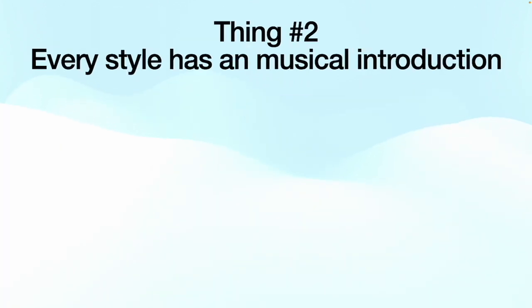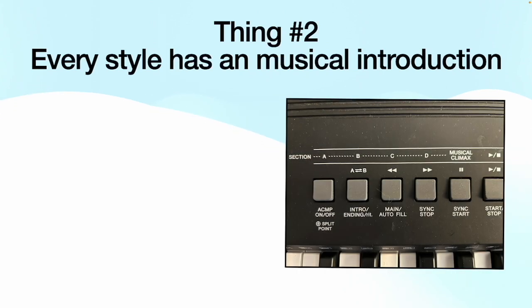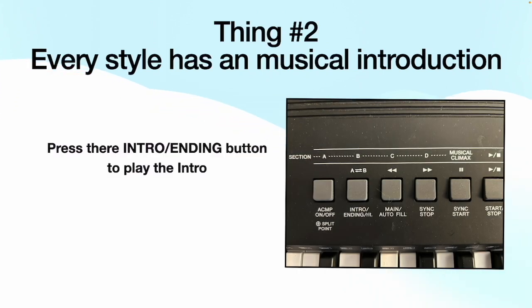Thing number 2. Every style has a musical introduction. Press the intro/ending button to play the introduction. Now, your keyboard is smart enough to know whether to play the intro or the ending.